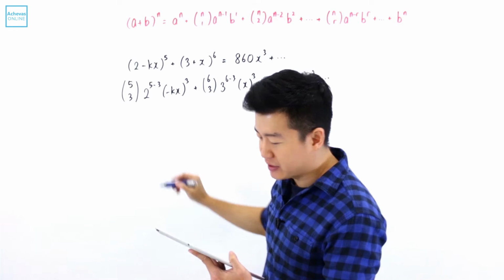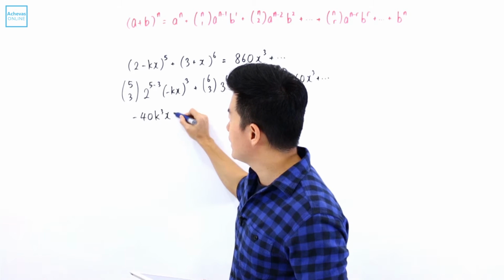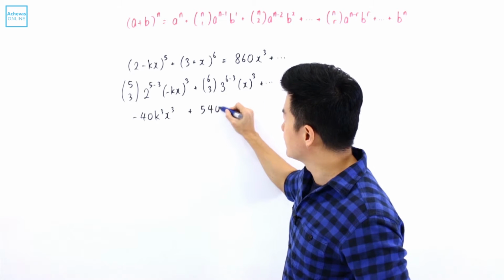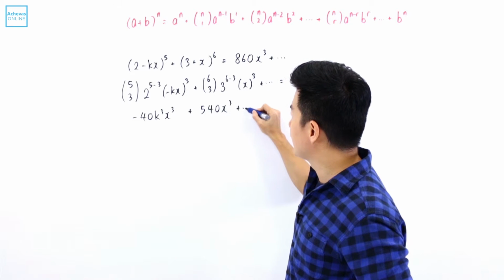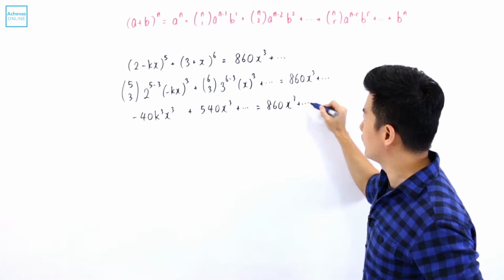Evaluating this using my calculator, I have minus 40 k to the power of 3 x to the power of 3, and this is going to be 540 x to the power of 3 and so on. This is equal to 860 x to the power of 3.